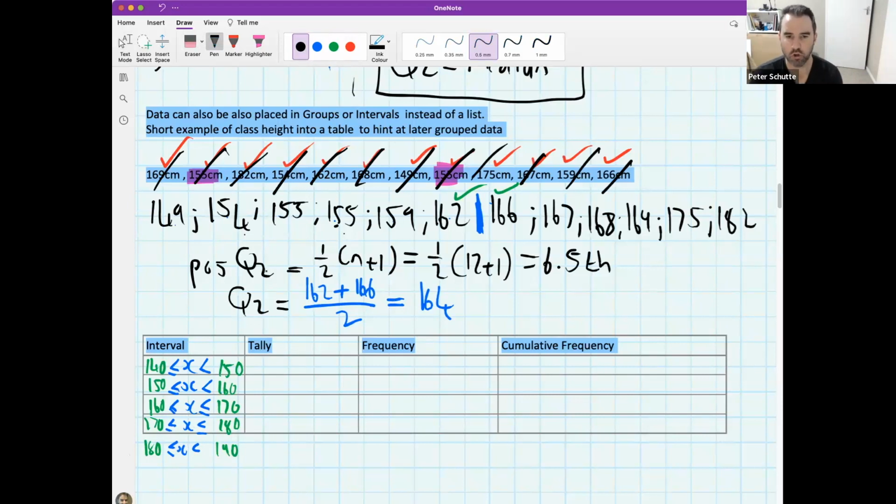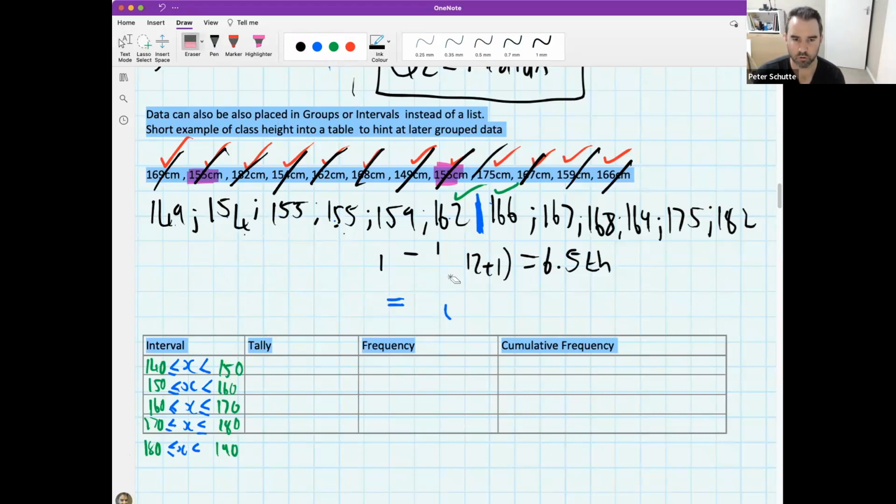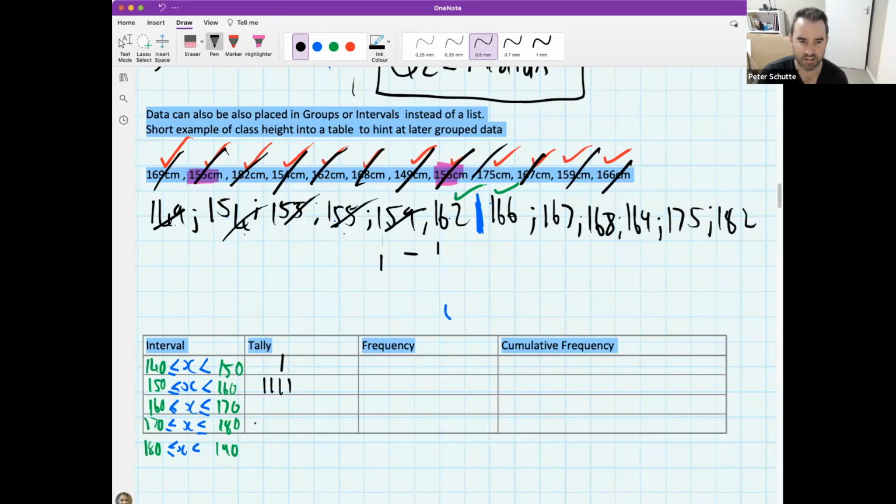And so I'll show you the technique called the tallying technique that we use to convert list data into grouped data. So all we do is, I'm a big fan of crossing things out as we go. So we go 149, there's one in that category. In this one, it's actually 1, 2, 3, 4. You can see them here. It's nice that we've ordered it. Here, there's 1, 2, 3, 4, 5.